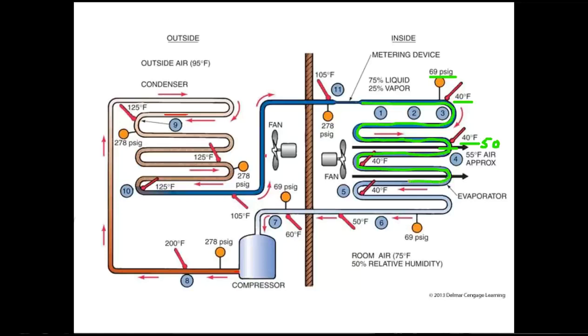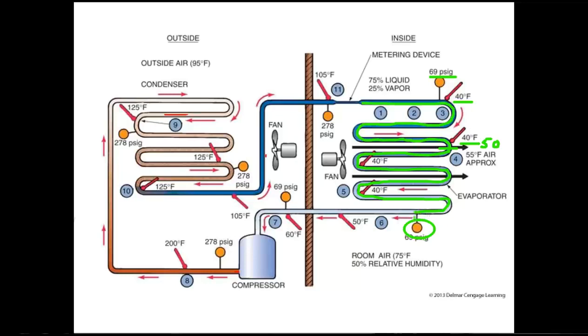Now, at a certain point where the engineers designed this coil, this refrigerant is no longer going to be at its saturation point. Although it's still at 69 psig, we are now at the 100% vapor point.